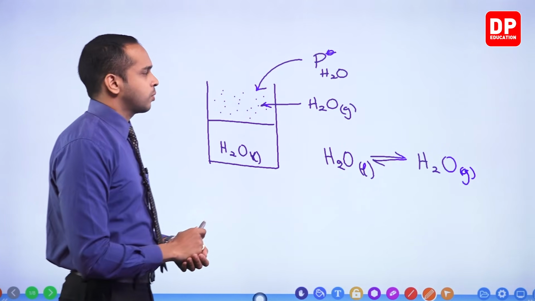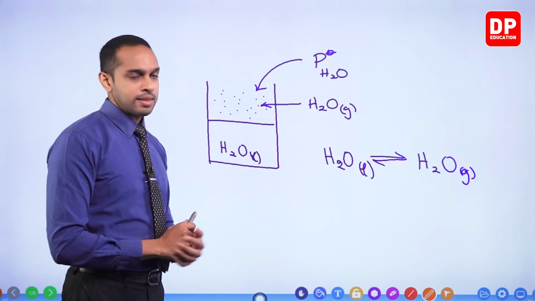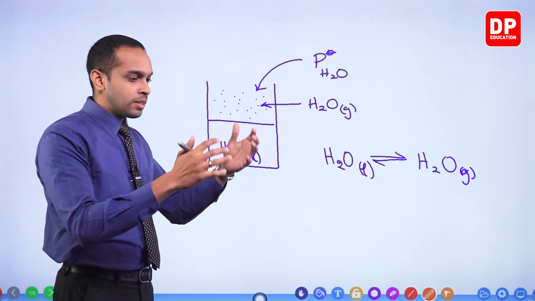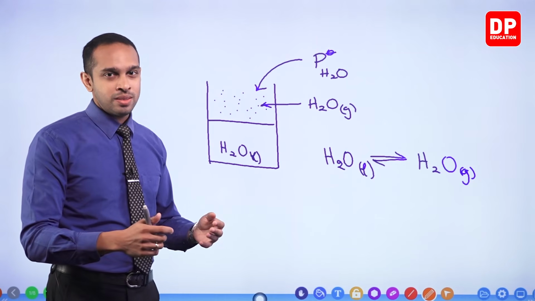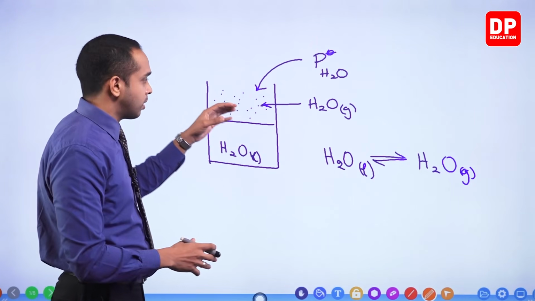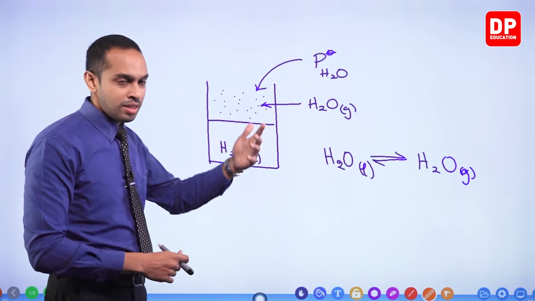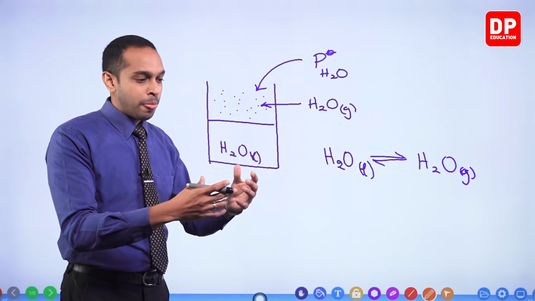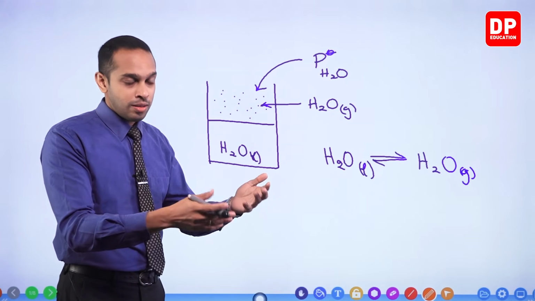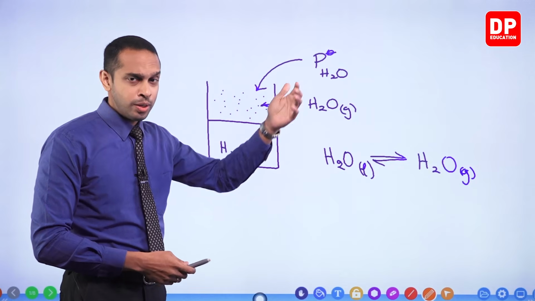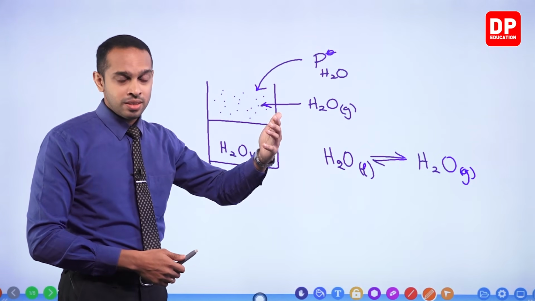right? So now students, this particular saturated vapor pressure will increase as we increase the temperature, because at higher temperatures the vapor that is present over here will increase, and therefore the pressure that they generate will also increase, and because of that you will have a higher saturated vapor pressure when you increase the temperature.